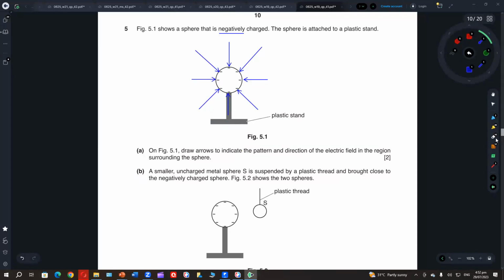Remember, if it is a positive charge, lines are pointing outwards. For a negative charge, lines are pointing inwards.